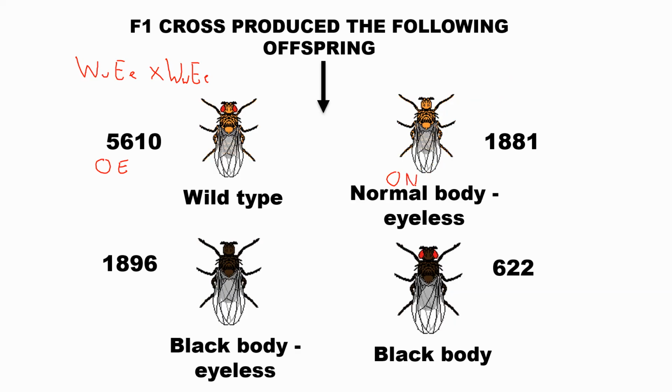I'll just put N for no, right? And then you get 1,896 black with no eyes. And 622 black with eyes. Right? So we have 4 categories this time instead of 2.